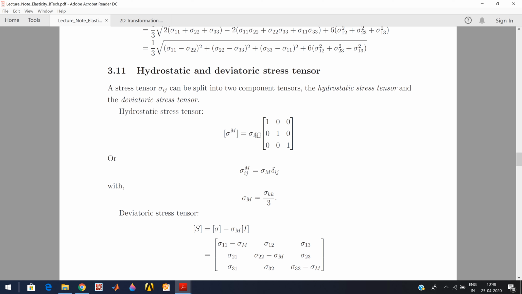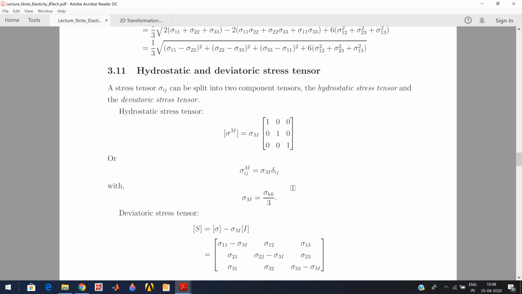The magnitude of that stress is sigma m, which is nothing but the average stress. So it is sigma kk by 3, or it's I1 by 3.